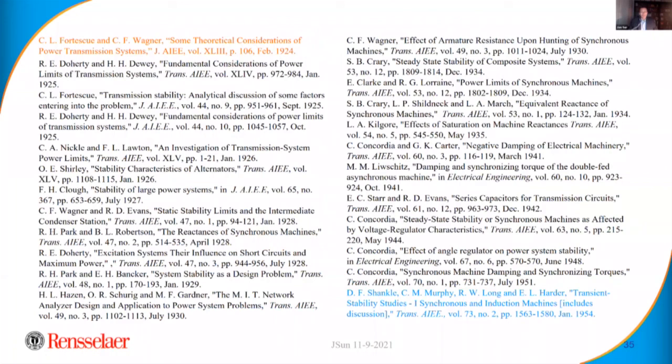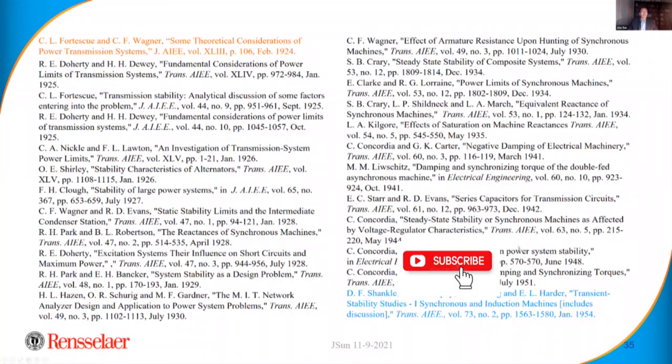This is really old papers. You look at it, it's from 1924 to 1954, before my lifetime and certainly before all of your lifetime. But the reason I put them here is you look at the development of existing traditional power system stability theory. It really started around 1920.